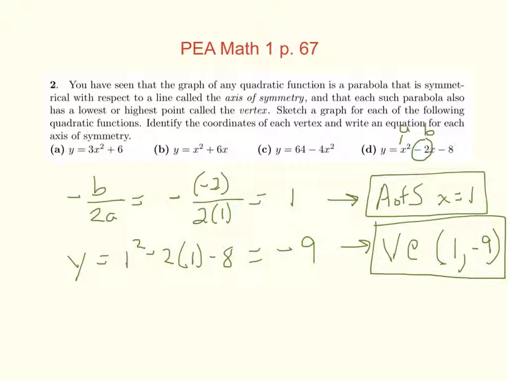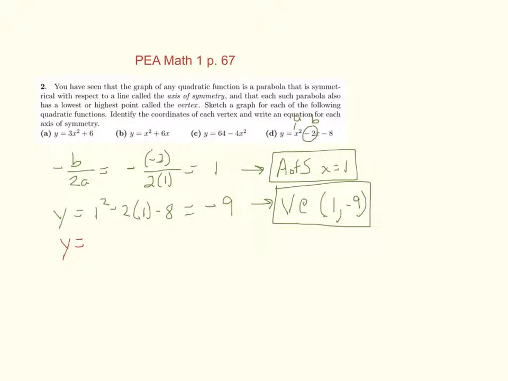Now, if we were doing this graphically, what I would have done, so you have y equals x squared minus 2x minus 8. If you remember how to factor, double bubble, and we have 4 times 2 is 8.